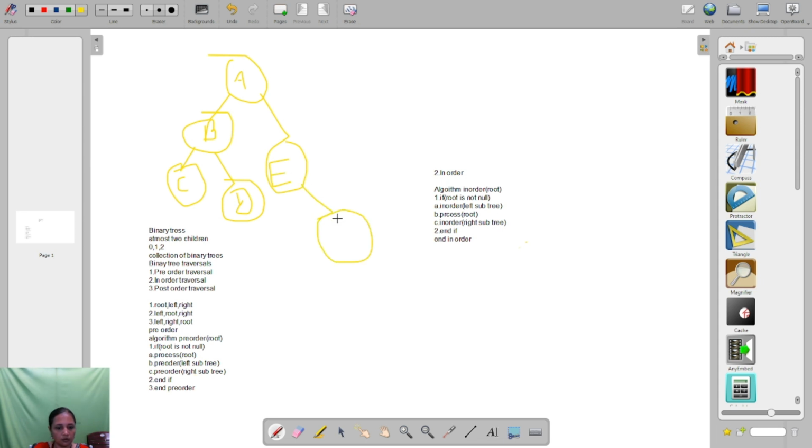This one is F node. So what is the rule for this one? First you visit left, then you visit root node, next you visit the right node. In order, in between. So the root node is present in the middle of this part.